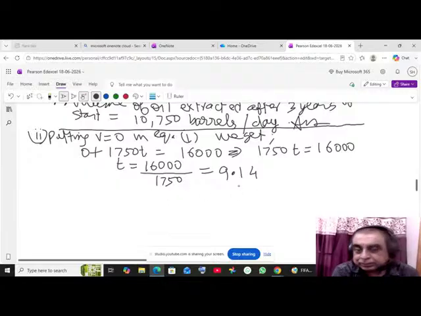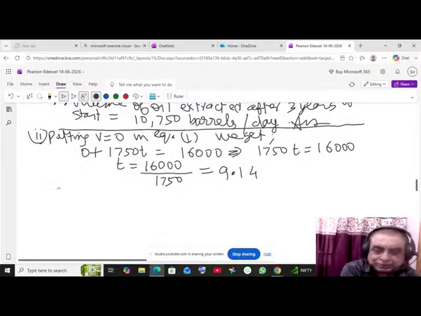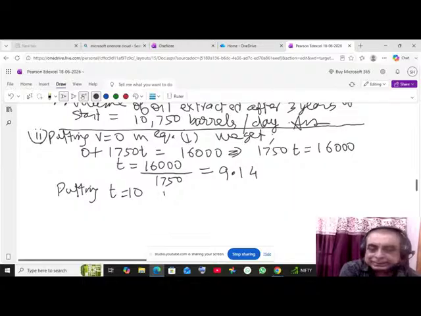So after t equals 9.14, that means after t years, see here. After 10 years, suppose we put t value 10 in equation number 1.